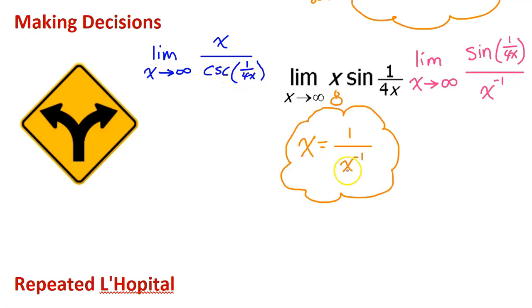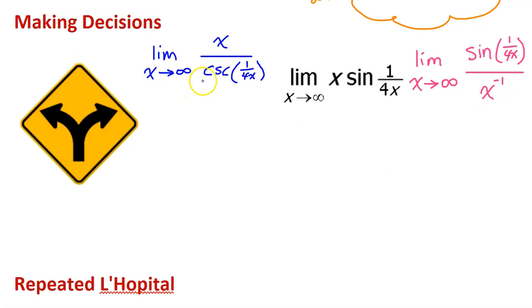But there is another option. x is equivalent to 1 over x to the negative 1 power. In other words, we can take this x and drop it down to the denominator if we make it x to the negative 1. So which rewrite do we use for L'Hopital's rule? It's not always going to be obvious, so be prepared to do a little bit of trial and error and just see which one works best.